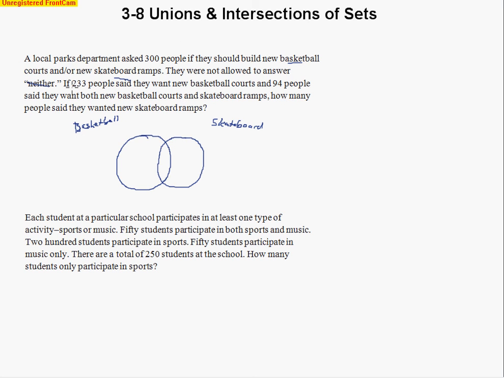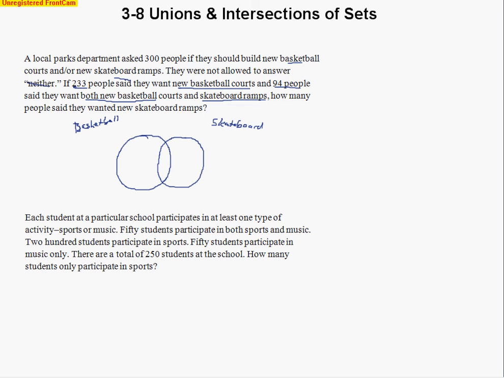And so it said there were 233 people who wanted new basketball courts. Okay, so 233 people wanted new basketball courts, and 94 people said they wanted both new basketball courts and skateboard ramps. Okay, so 94 would go right inside there.